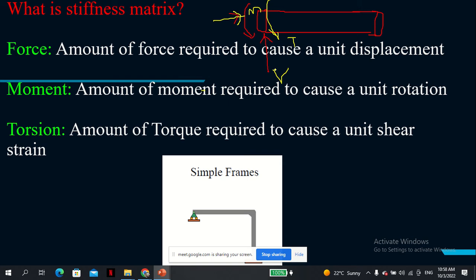For the vertical direction, the stiffness is the amount of force that can cause a unit vertical displacement. For the torque, the same. Because torque causes shear strain, it is the amount of torque that can cause a unit shear strain. For the moment, it is the amount of moment that can cause a unit rotation. That's all. So we have to arrange all this.